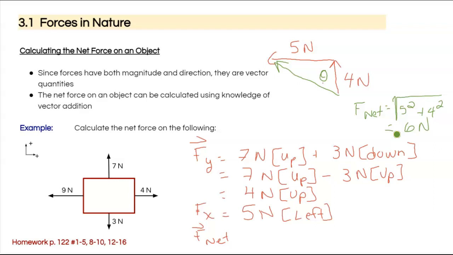I still need an angle here, so I'm going to use my opposite and adjacent sides and say that theta is equal to tan to the negative 1 of 5 over 4, which is approximately 51 degrees. Rounding that to one significant digit would give me 50 degrees. And so my net force, I would say, is 6 newtons, 50 degrees.